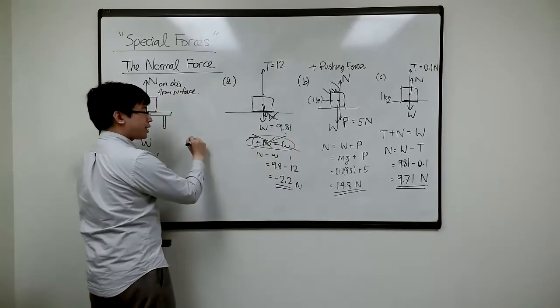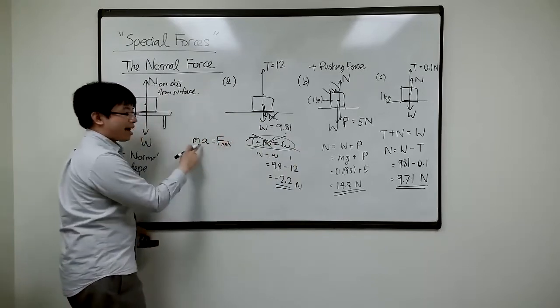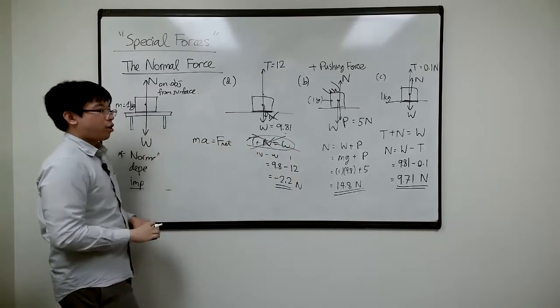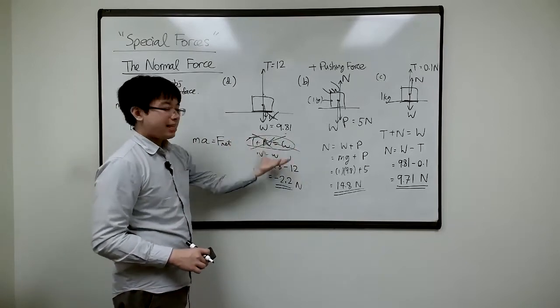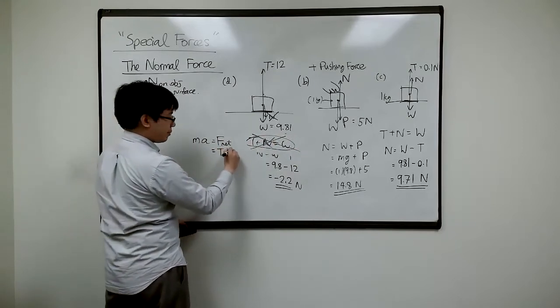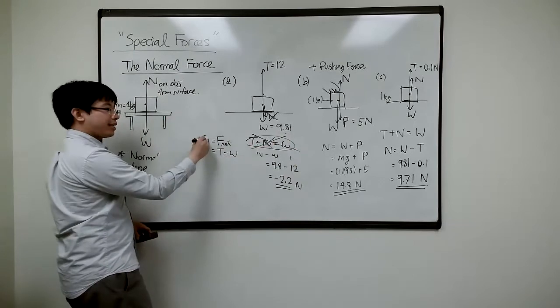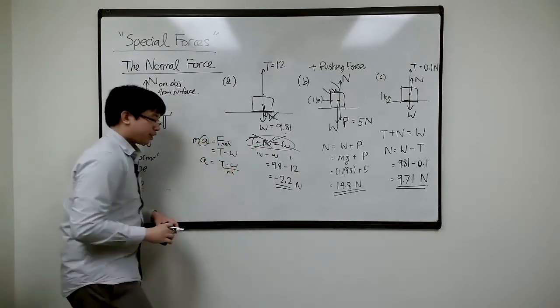What you should be using is the non-equilibrium formula where you have an acceleration. You use Newton's second law, not the first law idea where there's no net force. This is a special case of no net force. So you should be using this, where T minus W, and so on.